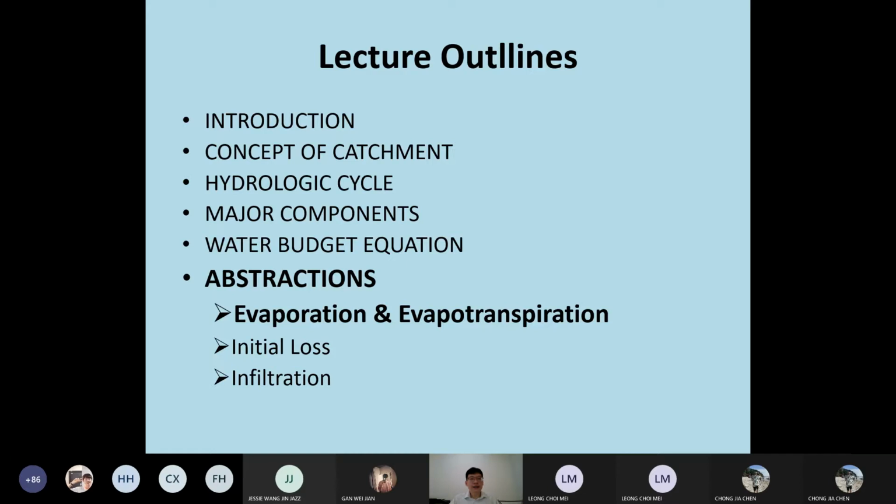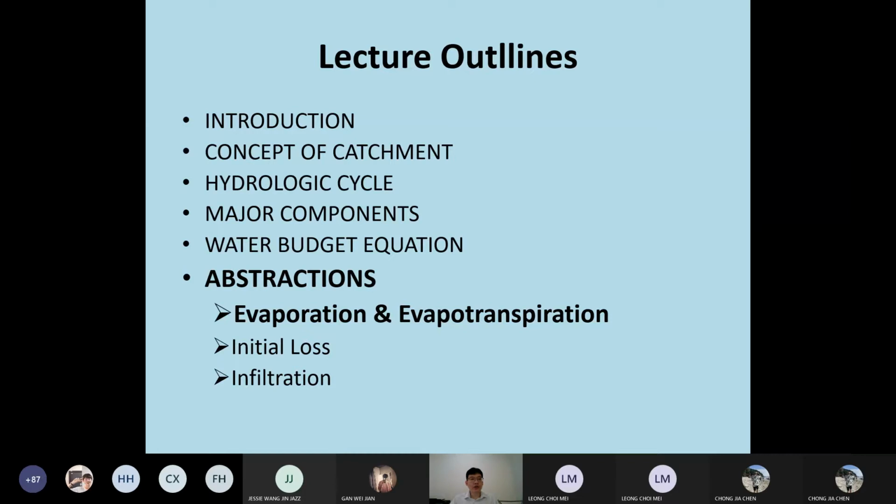The second loss is the initial loss. When the rain comes down, sometimes it does not go directly to the ground. It will stick to the tree, the leaf, the branch. When it hits a building, part of the water will stick to the building, the light pole, or other artificial or natural things.